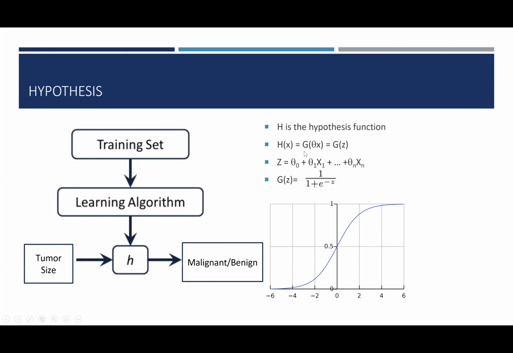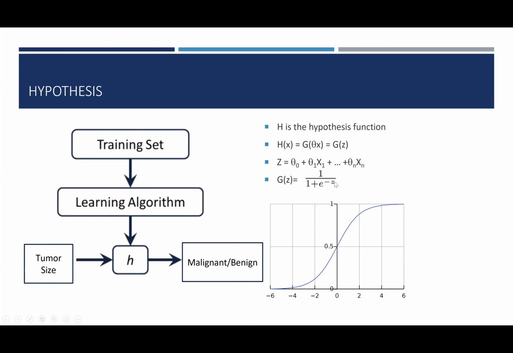So h of x equals g of theta times x, and theta times x is really your parameters and attributes, described as a linear function, and that function itself is passed through as z through this g of z.